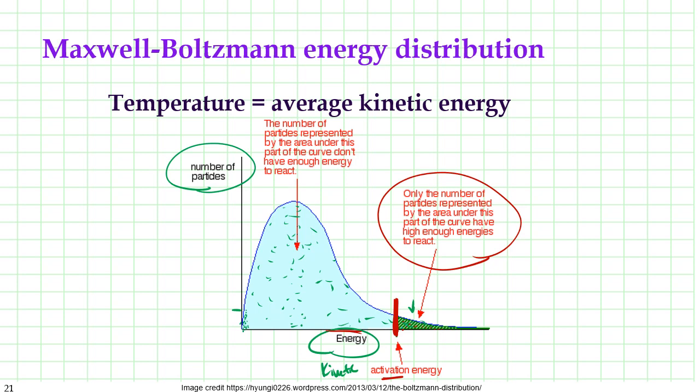So the only molecules that can actually react in my sample are these guys. These are the only particles that have more than the activation energy. These are the only ones that are going to be able to overcome the activation energy when they collide. Good. All of these guys are just going to be floating around doing not a whole lot. They might run into each other here and there, but not with enough energy in order for a reaction to occur.